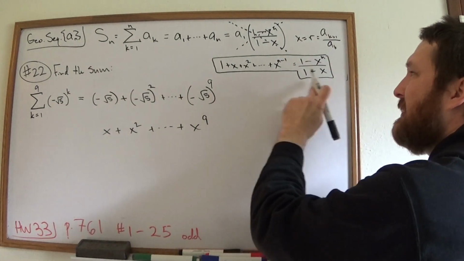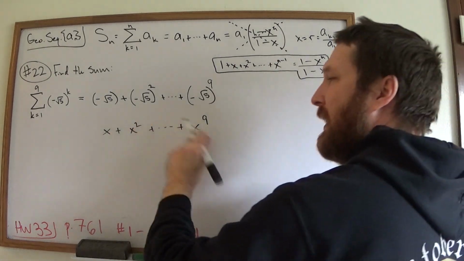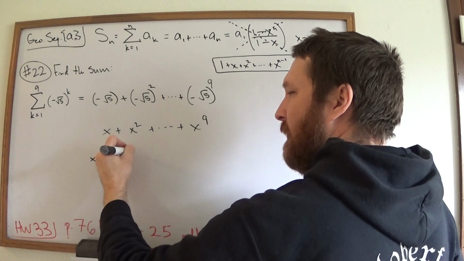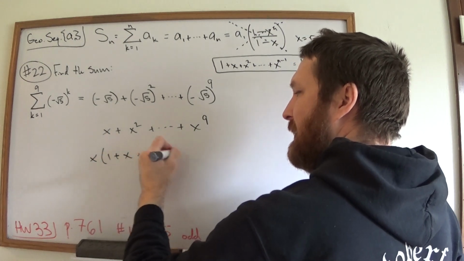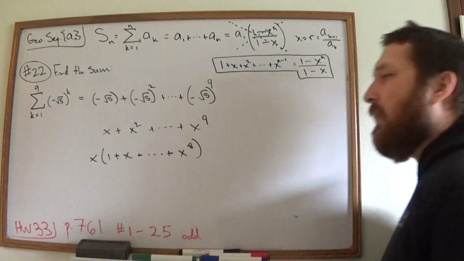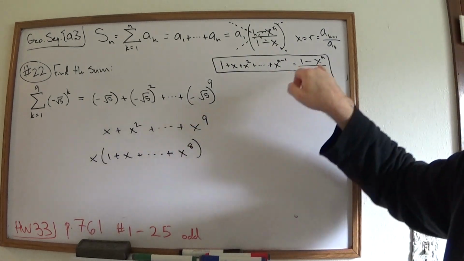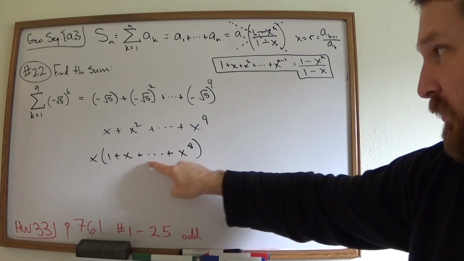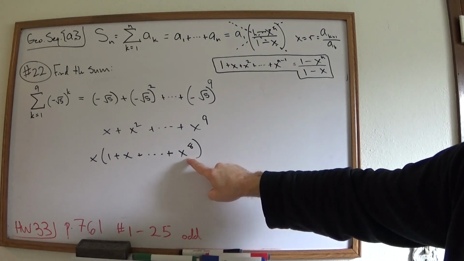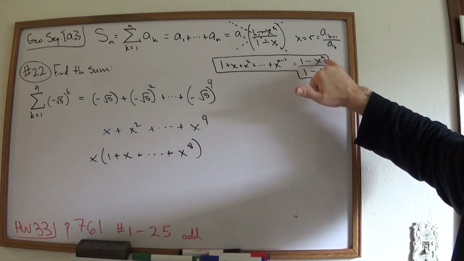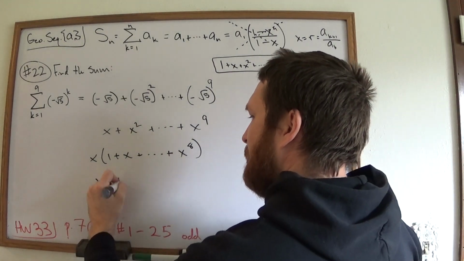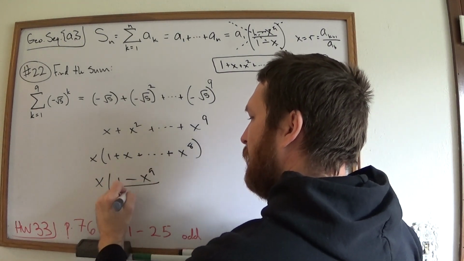I know this is the thing that I know. And so I'm going to pull out an x. If I factor out an x, now I'm in. Now I can just directly apply this right here and say, 1, because it's starting at 1 and going up to 8. So that means then I need to bring it up to 9. Okay? And so I'm going to say x times 1 minus x to the 9 over 1 minus x.